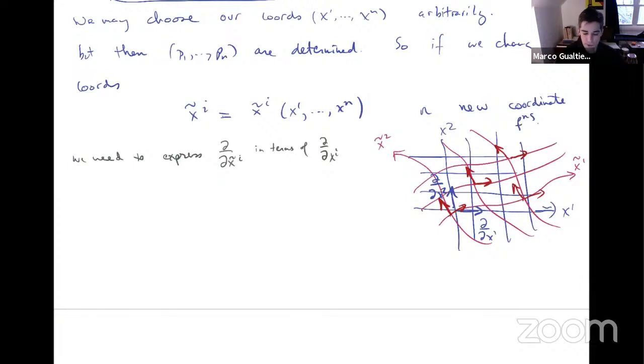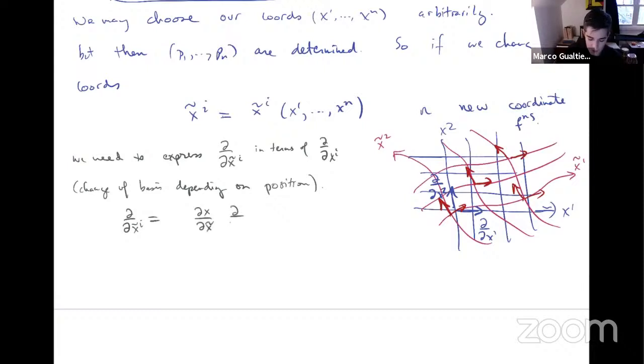And that's a change of basis which depends on the position, because depending on what position you're at, the derivatives of x with respect to x tilde i will change. Okay, so how do we write this? Well, you would write d by d x tilde i as dx by dx tilde d by dx.